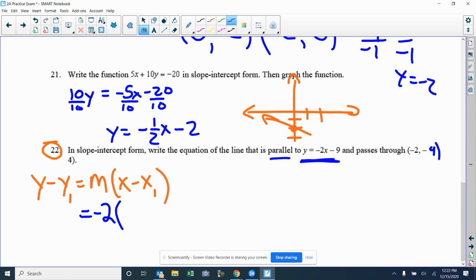So our x is negative here, but it's -2 there, so it's gonna end up being +2. So we're plugging in an x. Here we're gonna plug our y in. Our y is -4, but negative here, so it's gonna be positive 4.